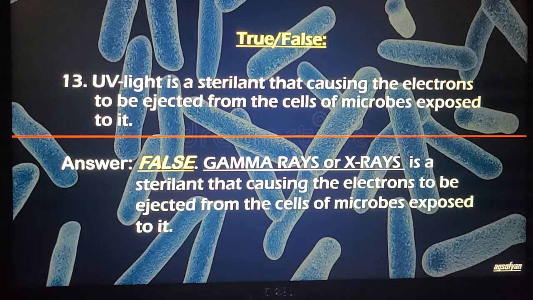UV light is disinfectant. Okay, the one that sterilant is gamma rays or X-rays or cathode rays. So the one that end with rays, they are sterilants. Okay, the one that causing the electron to be ejected from the cell of microbes that exposed to them.